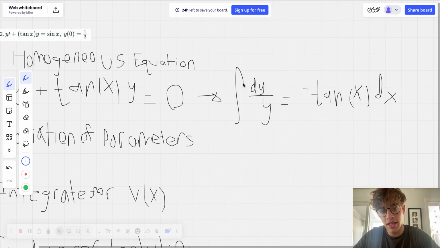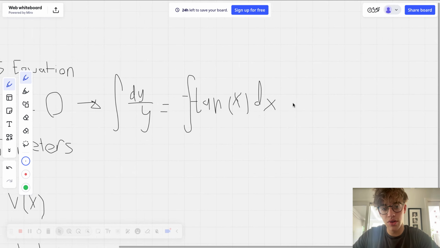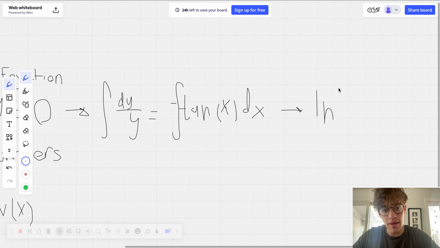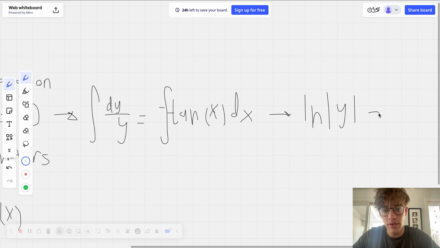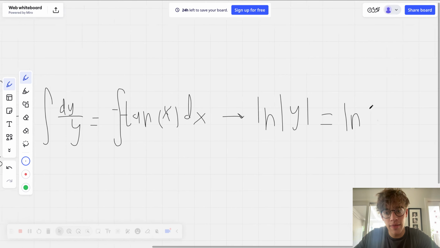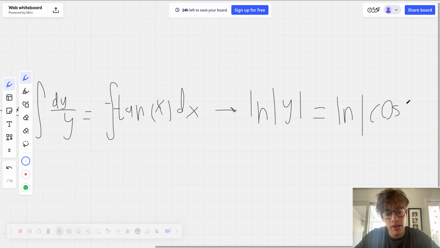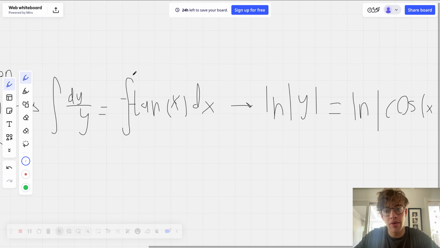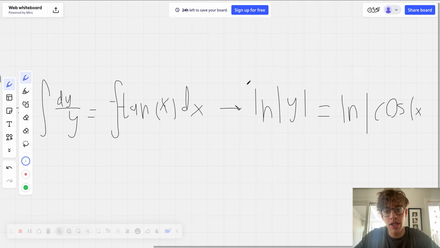All right, now we can integrate both sides. And this ends up working out to be ln absolute value y equals, which then turns into ln the absolute value cosine x, and the negative turned into an exponent, which turned secant into cosine.